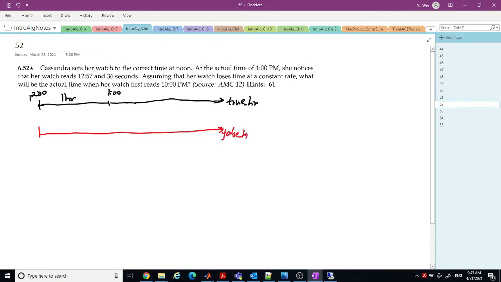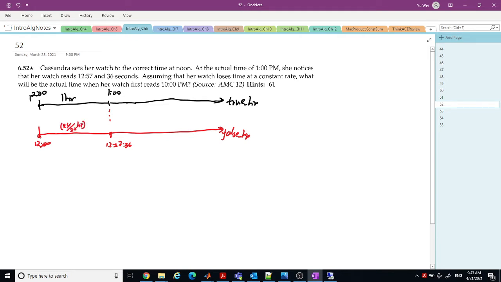I call it the false hour timeline. So at the same time, the watch is 12 o'clock and only at 12:57 and 36 seconds. So if you calculate, this is 24 over 25 hours.